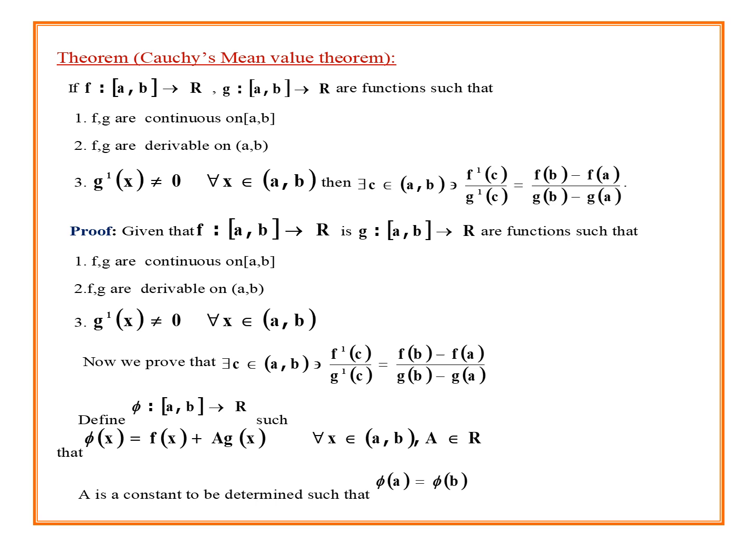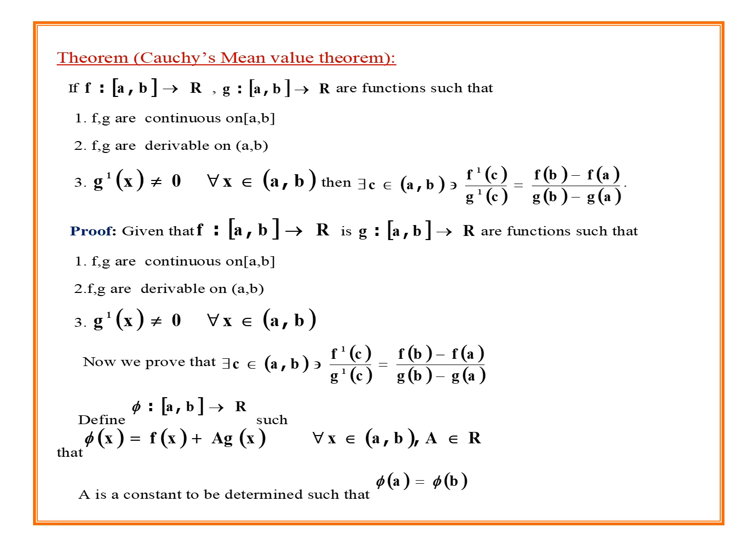If f is a mapping from the closed interval a comma b to R, and g is a mapping from the closed interval a comma b to R, here we have two functions f and g, such that f comma g are continuous on the closed interval a comma b and f comma g are derivable on the open interval a comma b.